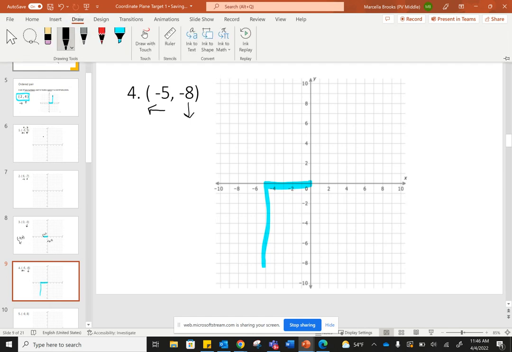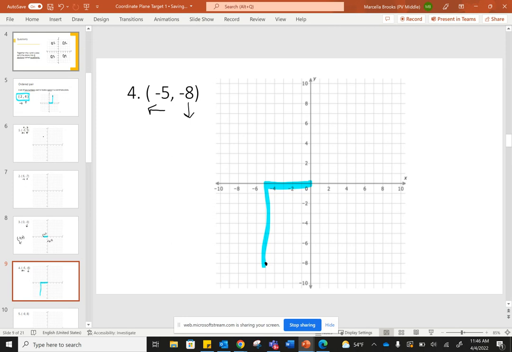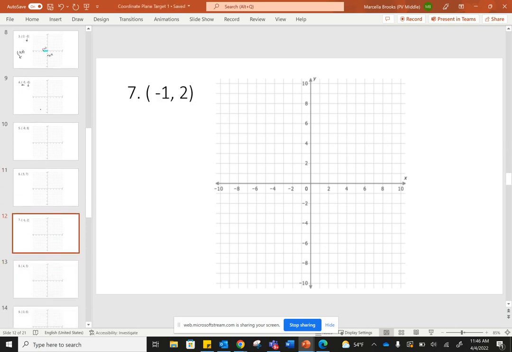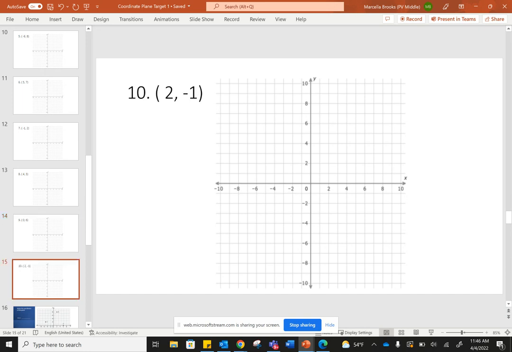Then I'm going to plot my point. I'm going to erase my highlighting so you see what it should look like. So that is -5, -8. You can try that one on your own, as well as this one, this one, this one, this one. These are all pretty easy. This one, I showed you how to do the zeros.